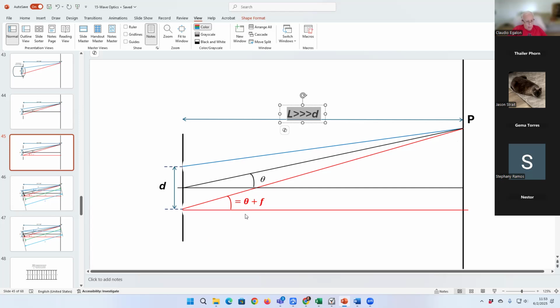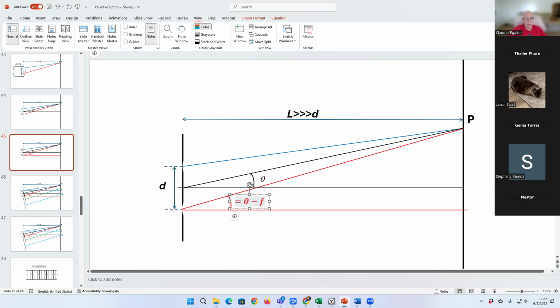So I can say that it is approximately theta, almost the same angle. Because L is much greater than D, we can say that this angle here is approximately this angle here. Okay, but let's say I'm gonna put it equal for now.